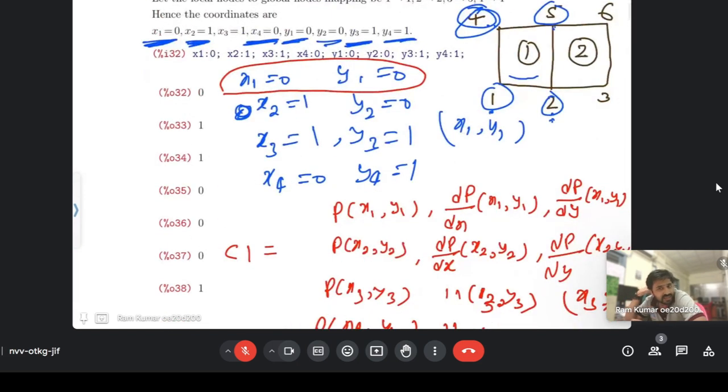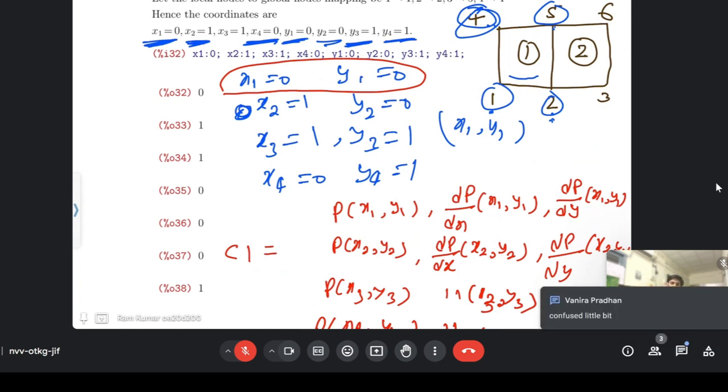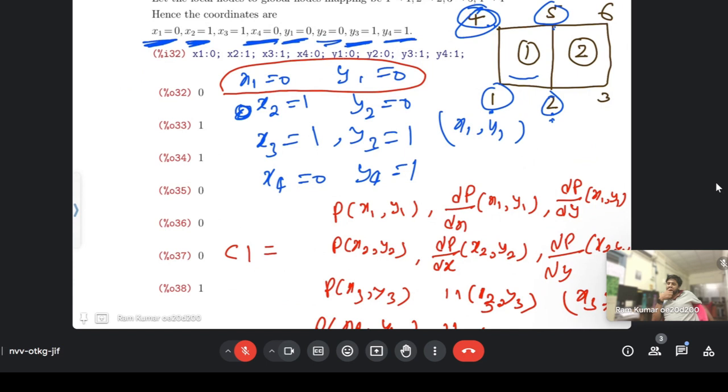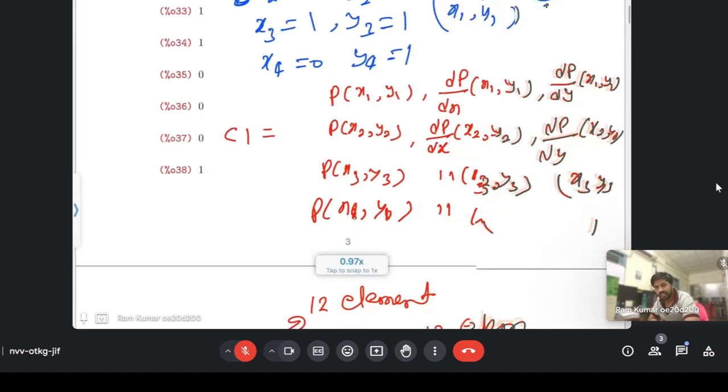Are you getting right? Yes. You can say yes or no, something so that confuse a little bit. Where you will get confused, I will try to rectify.